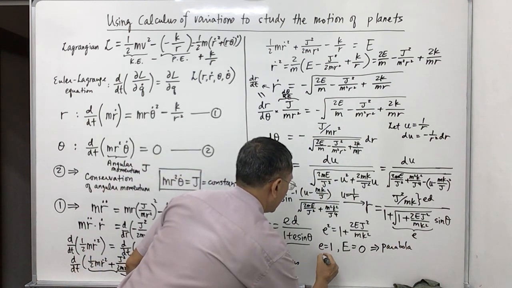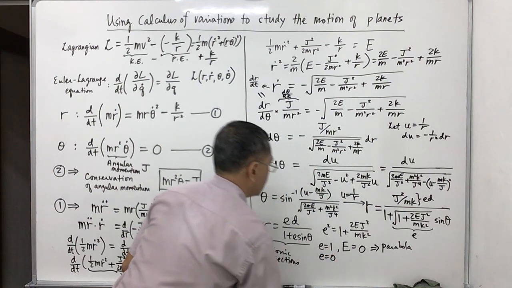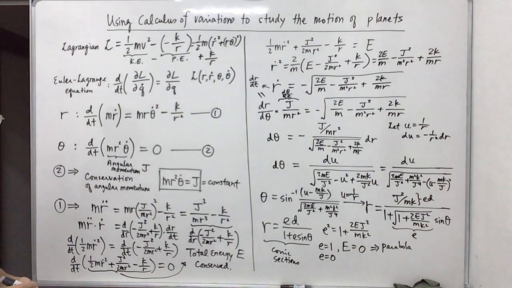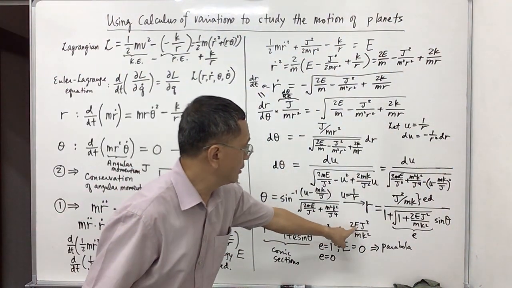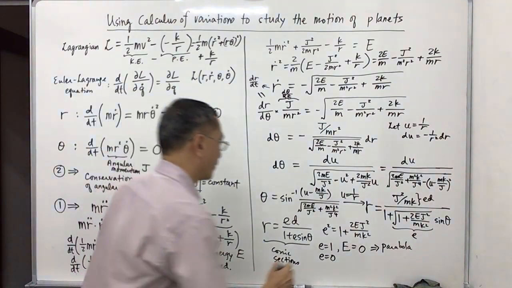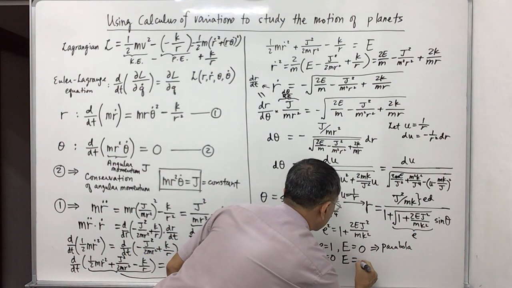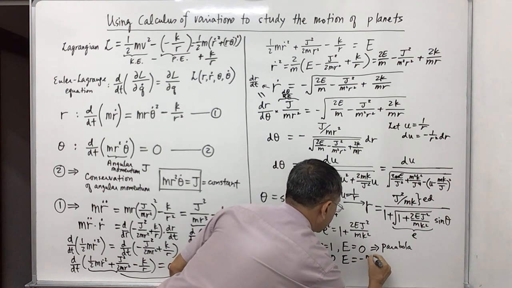Now next, when e is equal to 0, right? That means there's no eccentricity. Eccentricity 0 means you get a circle. So that means that the E here must be a negative number. The E here is negative mk squared over 2J squared.